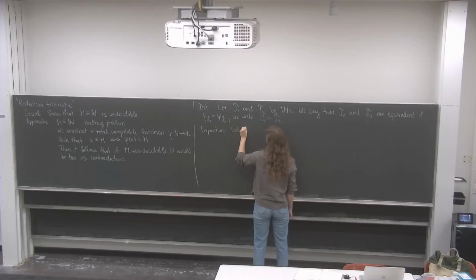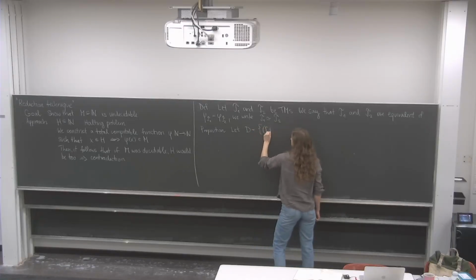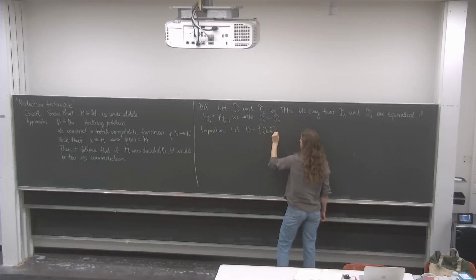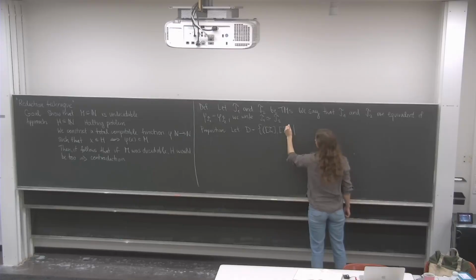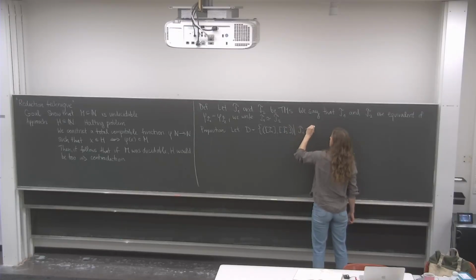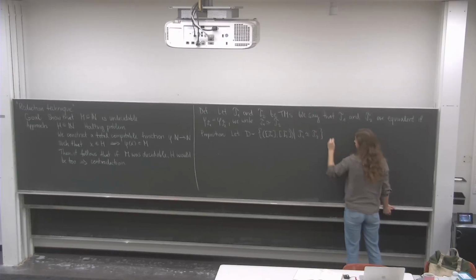Let D be the set of all tuples of descriptions of Turing machines which are equivalent. D is undecidable.